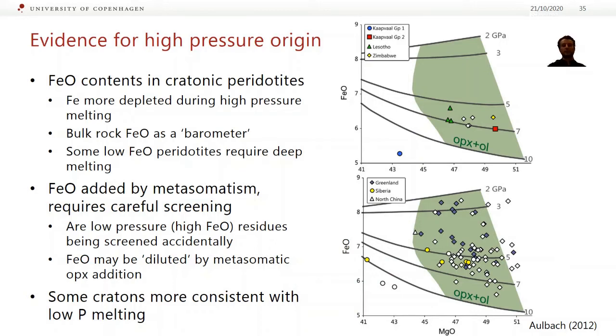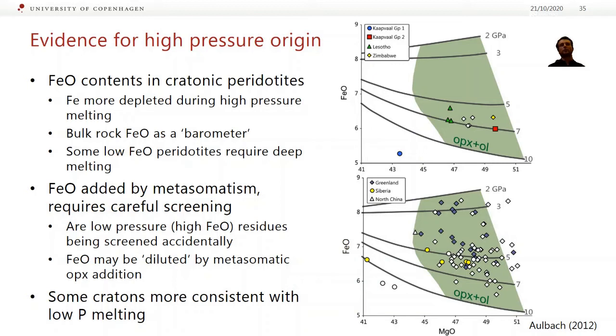There's also a possibility that if these peridotites to begin with were basically pure olivine and all the OPX was added in later, well, you're adding this OPX presumably by some sort of silica-rich fluid or melt interacting with the dunite to make a harzburgite. And the problem there is that you might actually be diluting the iron by adding OPX.